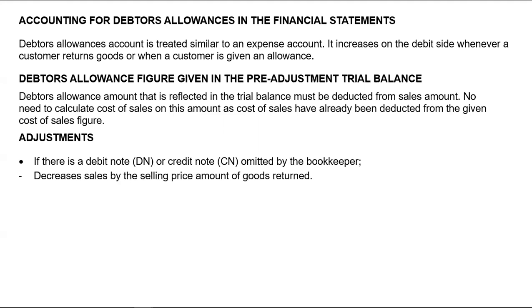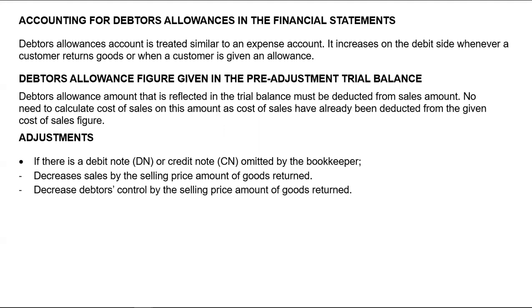Decrease sales by the selling price of the amount of goods returned. Remember, when you debit debtors allowances, you're reducing sales. So you will simply need to debit debtors allowances. That's how you reduce sales. And debtors allowances at the end will be subtracted from sales. You also need to decrease debtors control.